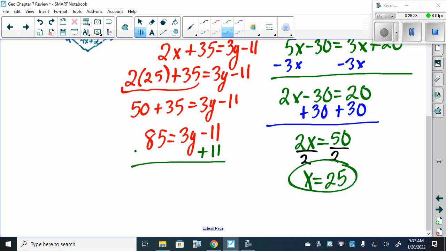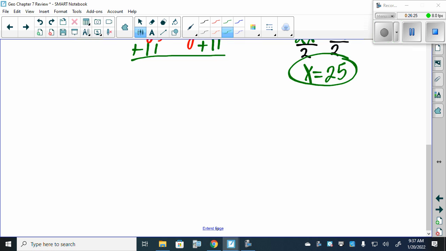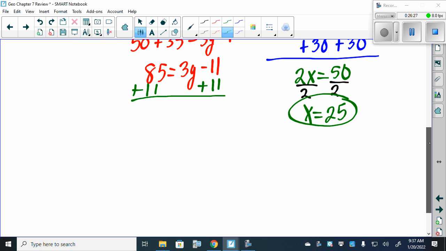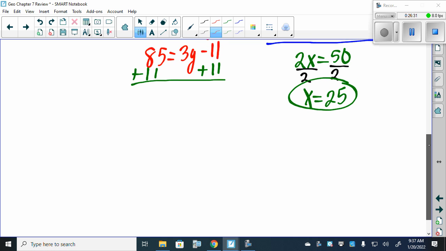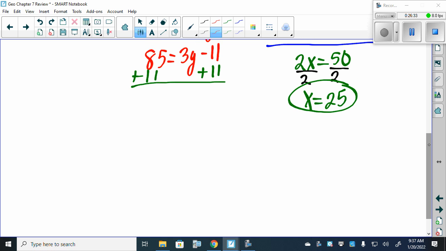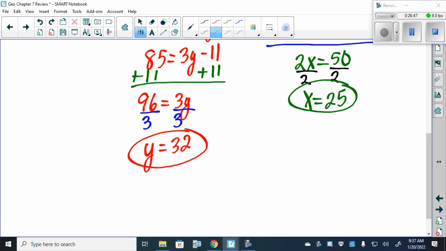So if we add 11 to both sides, exactly, we would get that 96 is equal to 3y. And lastly, we would divide both sides by 3, telling us y is equal to 32. So x is 25 and y is 32.